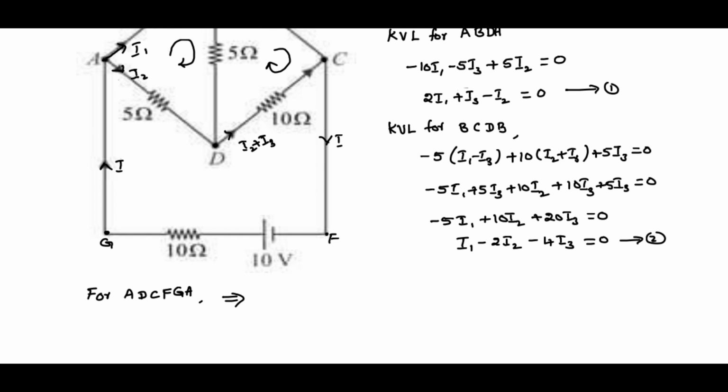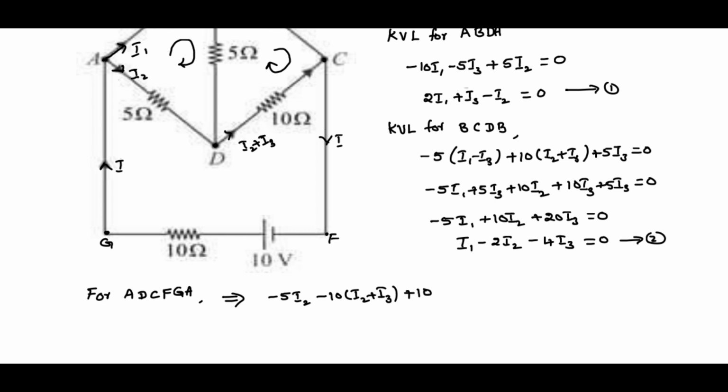Here from A to D minus 5 I2, D to C minus 10 into I2 plus I3, and the EMF of the cell is plus 10.